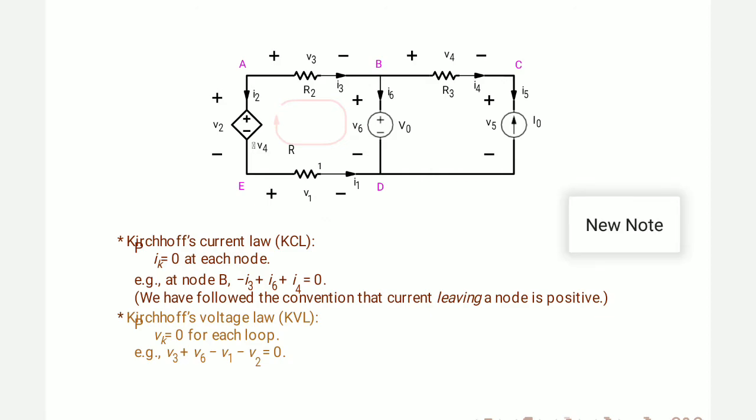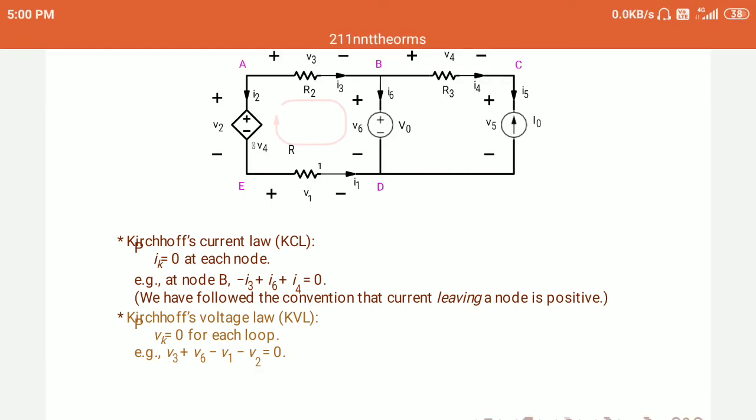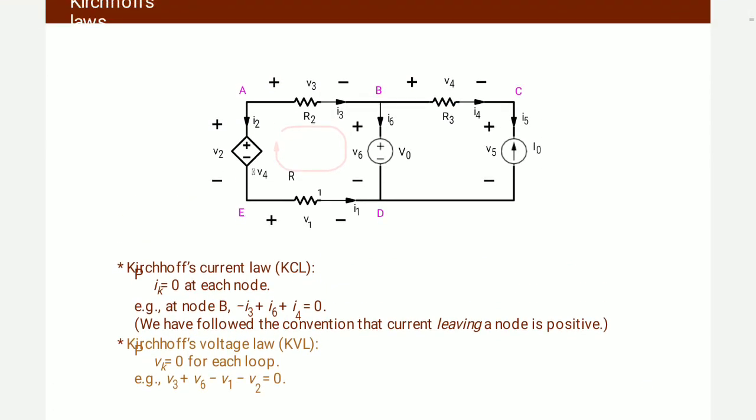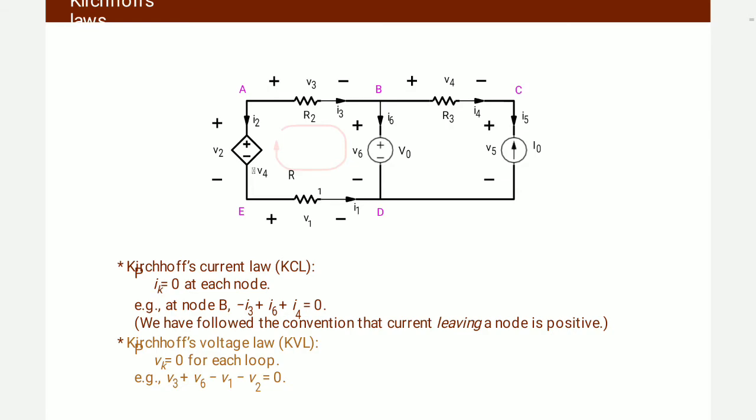V3 is a voltage drop, V1 is also a voltage drop, and V2 is the source, and V6 is the source here.